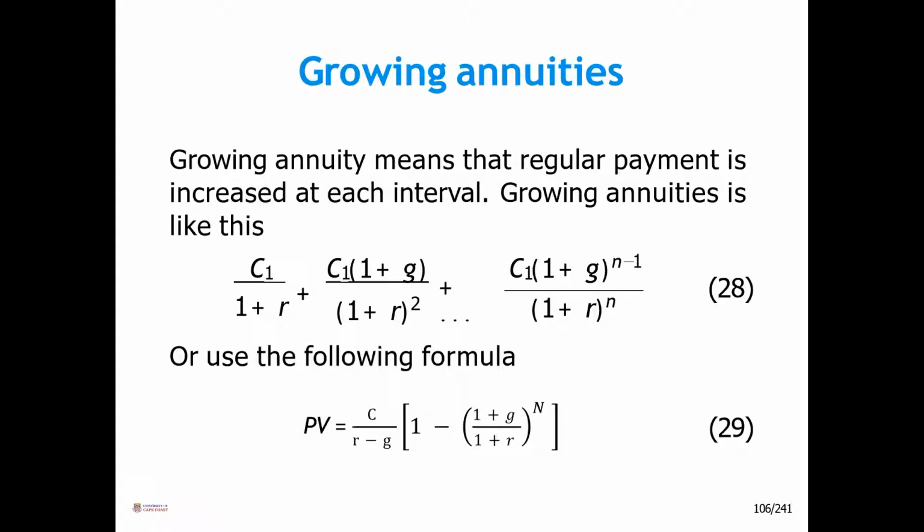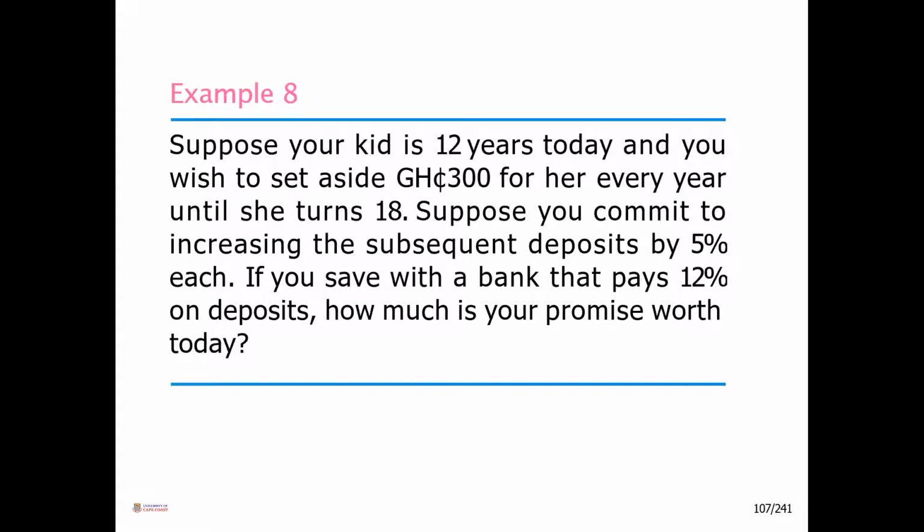Now, the question we must ask ourselves, therefore, is that if your annuity is growing, how do we find present value? And this one is pure formula work. So, we are going to talk about present value of a growing annuity.